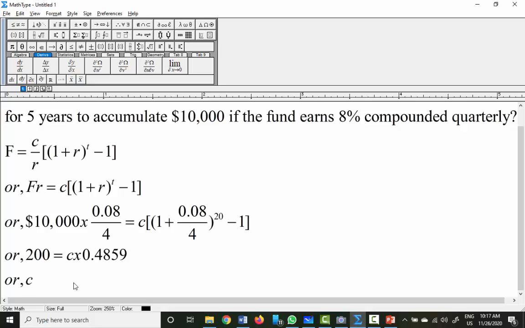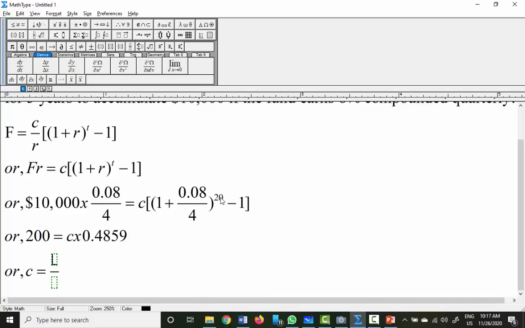C will be equal to 200 divided by this one.